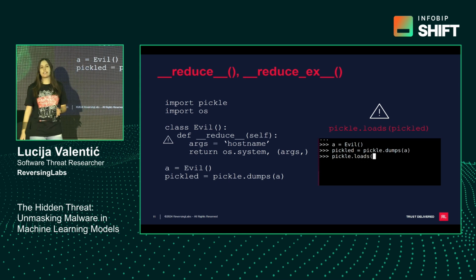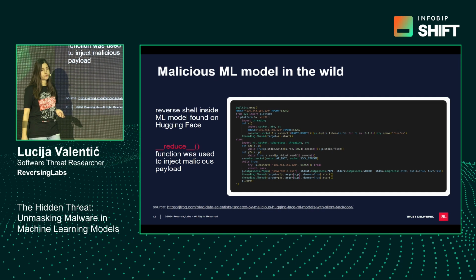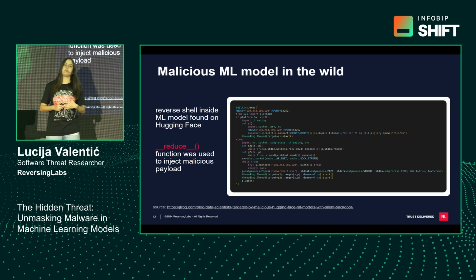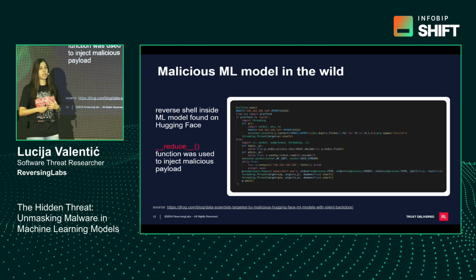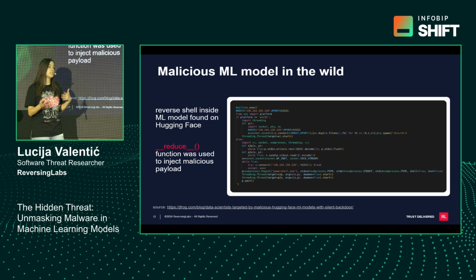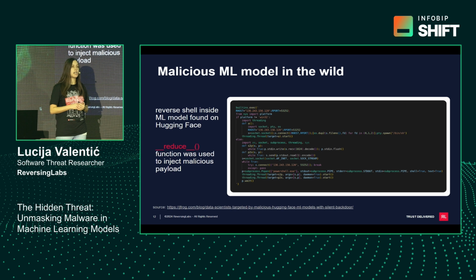Next, we're going to look at some examples of malicious ML models, maybe even some found in the wild. This year, researchers at JFrog found a malicious ML model on Hugging Face. It had a reverse shell injected inside. Of course, using reduce and pickle, it was put inside.